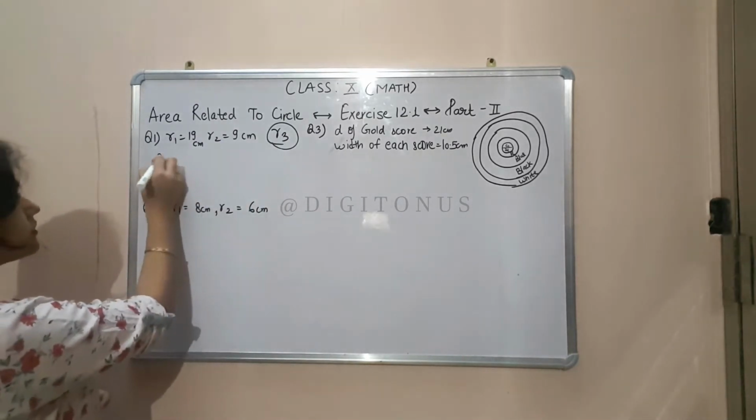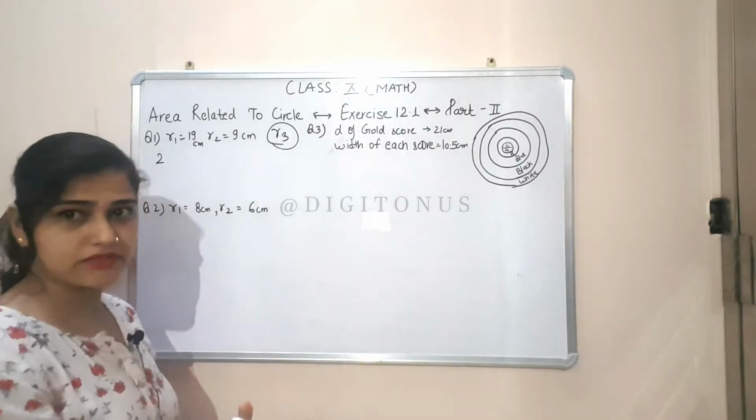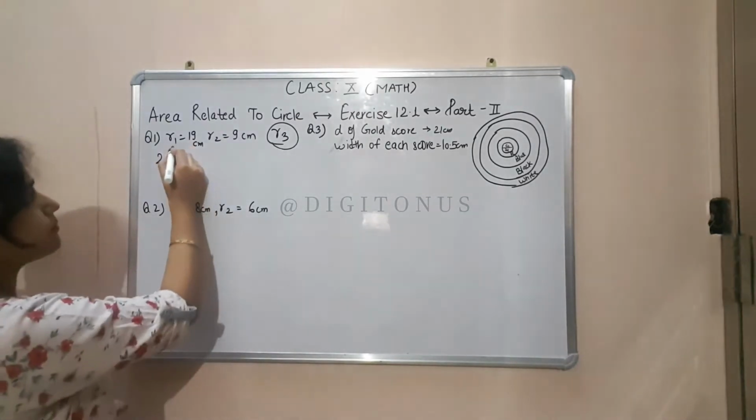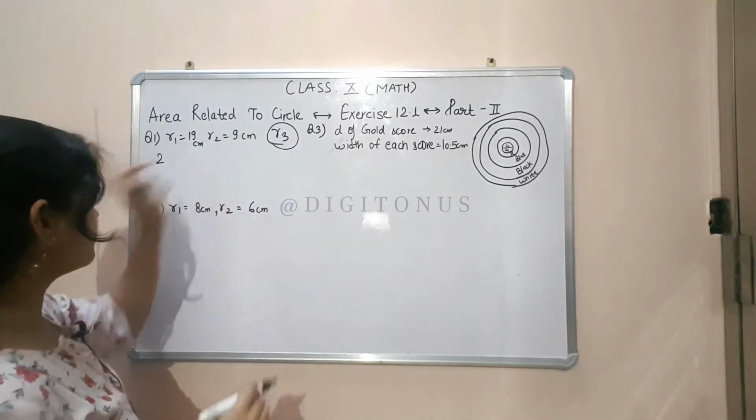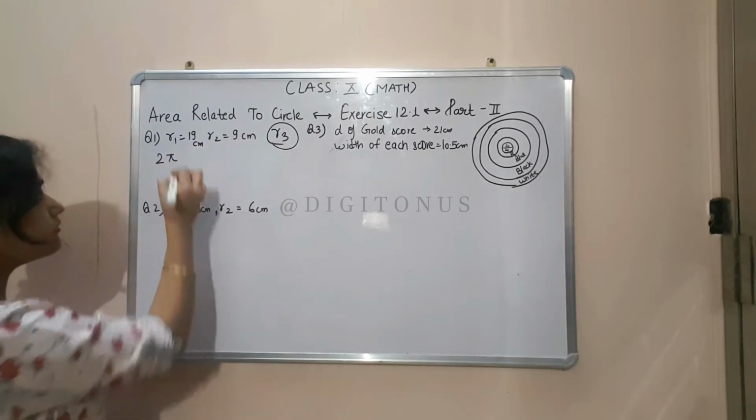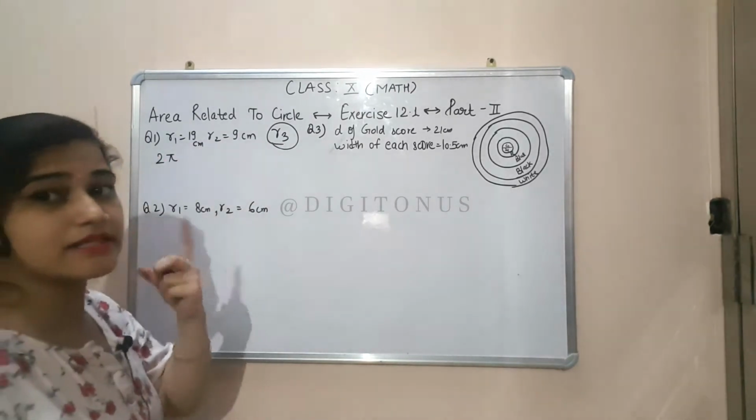So we have to apply only the circumference formula, but how? First we apply the circumference formula for the first circle, whose radius we have taken as R1.